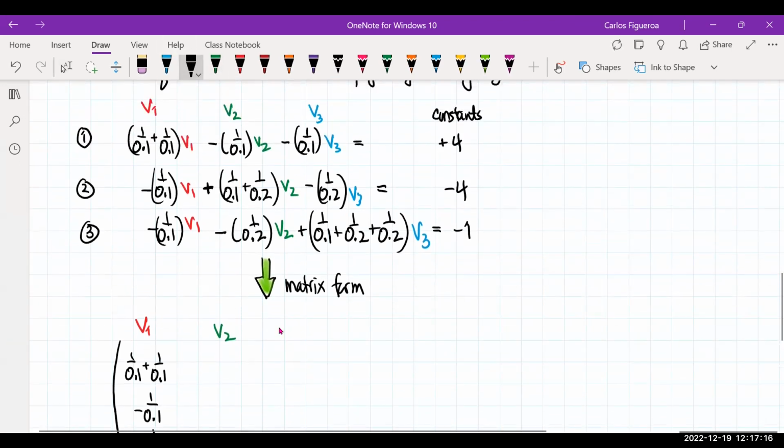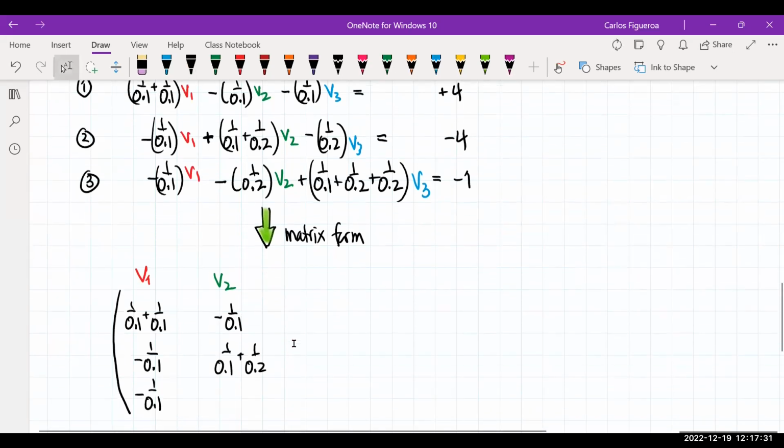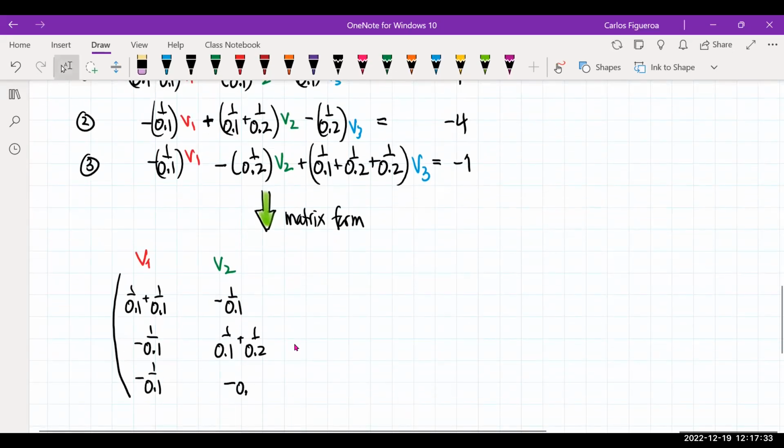So now if you look at the 2's, the first term is what? This is minus 1 over 0.1. If I look at the 2's, this is going to be 0.1, 0.2. And then finally, I'm going to get minus 0.2. And then if I look at the bottom here, this is going to be 0.1, 0.2, 0.2.